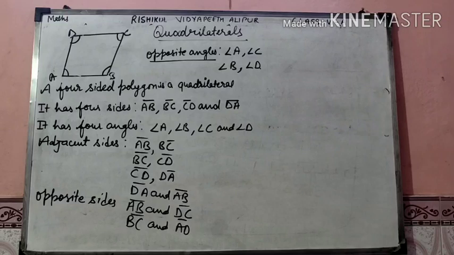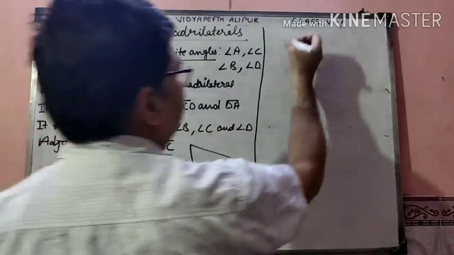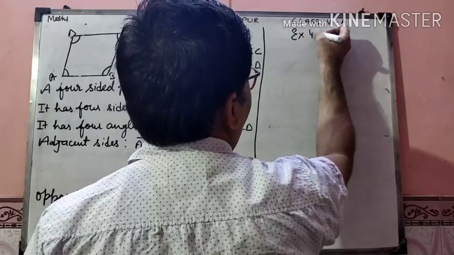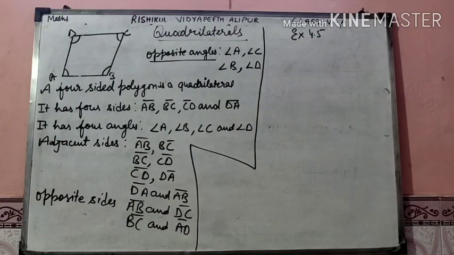And the next one is question number one. Have you any doubt in this? Then you can contact me anytime. Exercise 4.5, question number 1. Draw a rough sketch of a quadrilateral PQRS. Draw its diagonal.